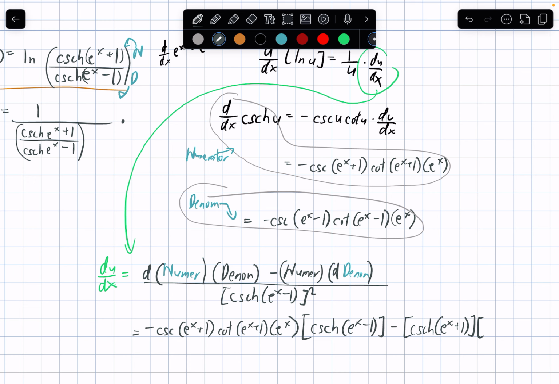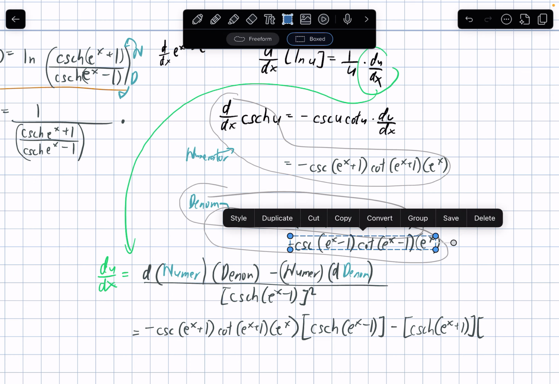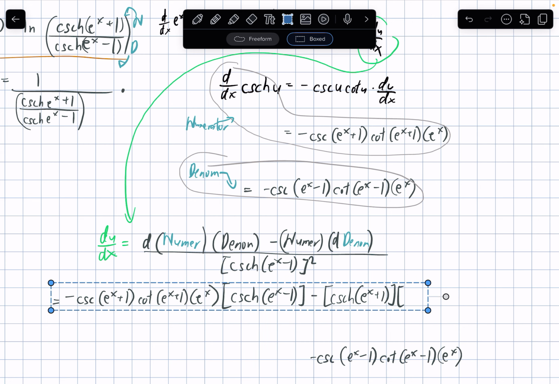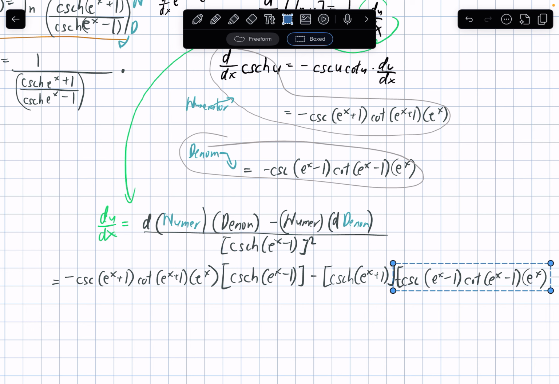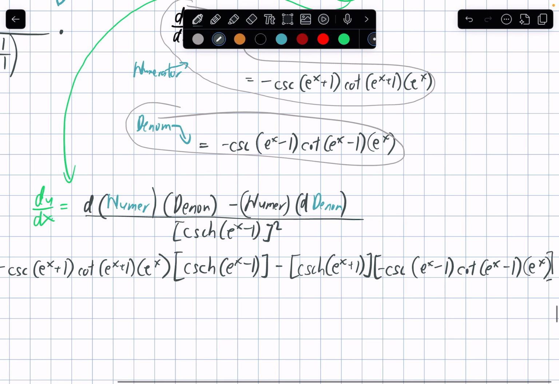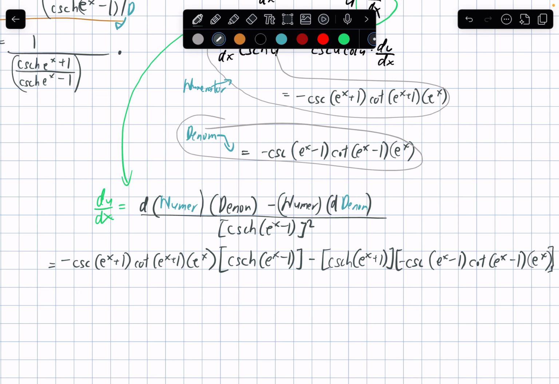And then the derivative of the denominator, which is this. That's long.